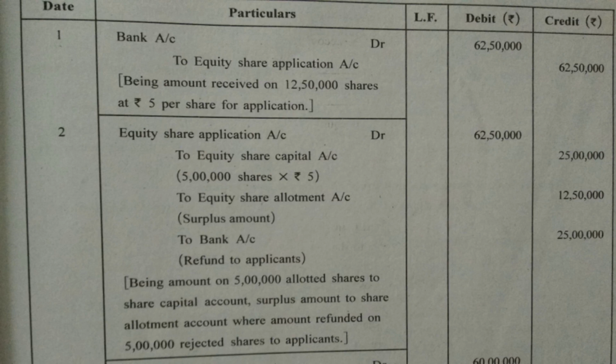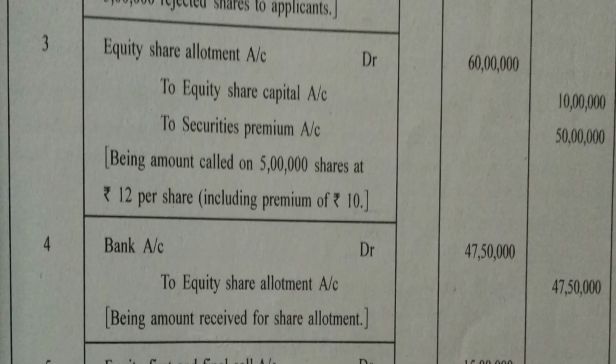So obviously it is not to be received for the second time. Out of 60 lakh, 12,50,000 is already received. So the remaining 47,50,000 rupees is received at the time of allotment. Simple? Fine then. Let us move ahead.